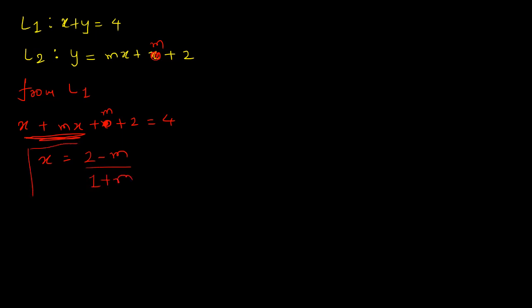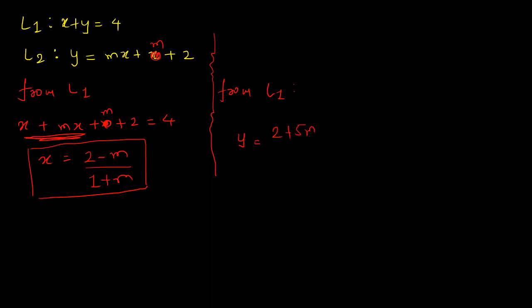Right? What we are doing, we are finding the coordinates of Q. By the same manner, use these values of x to find y. We will get, again from L1, y is equal to 2 plus 5m upon 1 plus m, right?